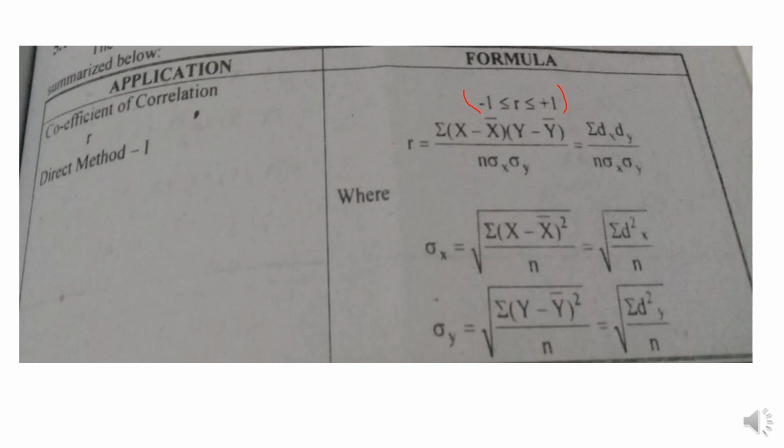The formula for r is summation (x minus x bar) into (y minus y bar) divided by n sigma x sigma y, or we can say summation dx dy divided by n sigma x sigma y.